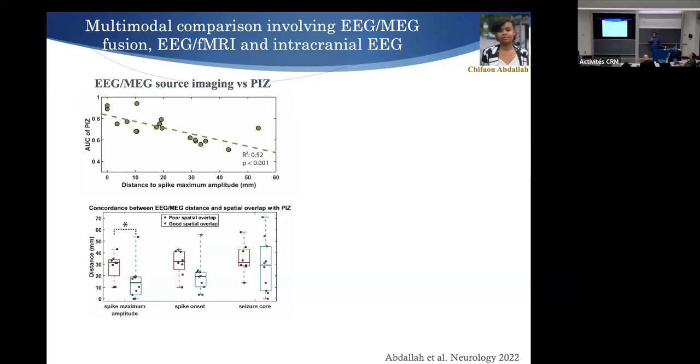Then we classified our data into good or bad spatial overlap, using, I think, an AUC larger than 0.7. When we do this, we find a significant change between those two groups of patients, mainly for the spike maximum amplitude. So basically, if you have good spatial overlap with the primary irritative zone, our spike maximum amplitude channel was well localized.